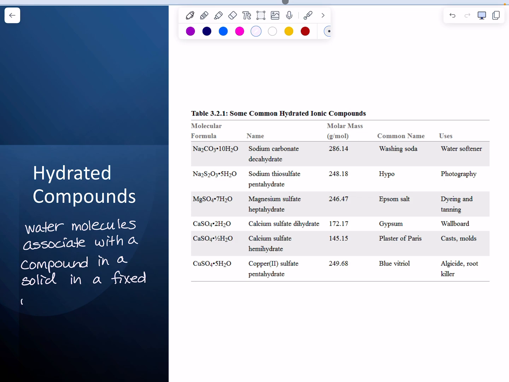And what that means is there's always the same number of water molecules hanging out with my chemical.